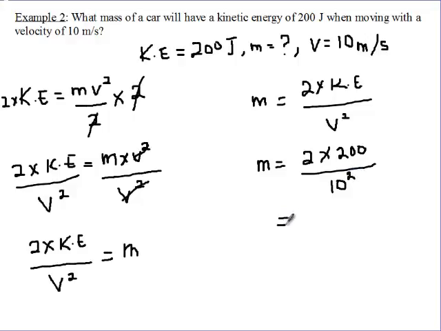So M is still equal to 2 times 200, which is 400, divided by 10 squared, 10 to the power 2. 10 times 10 is 100.